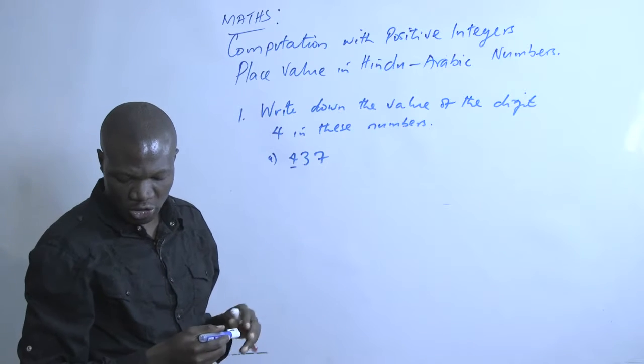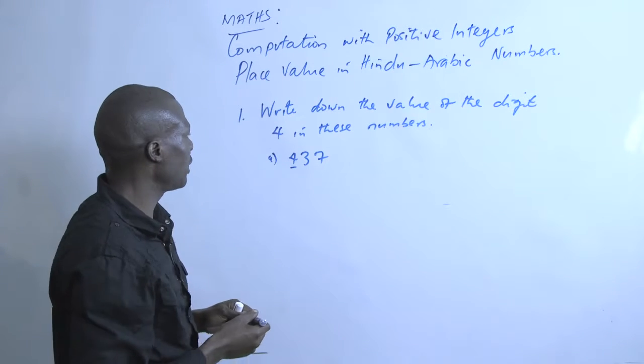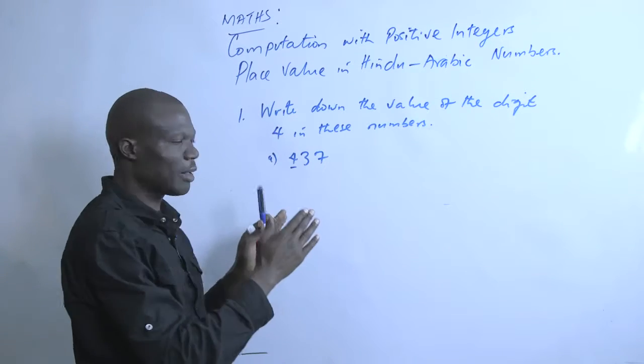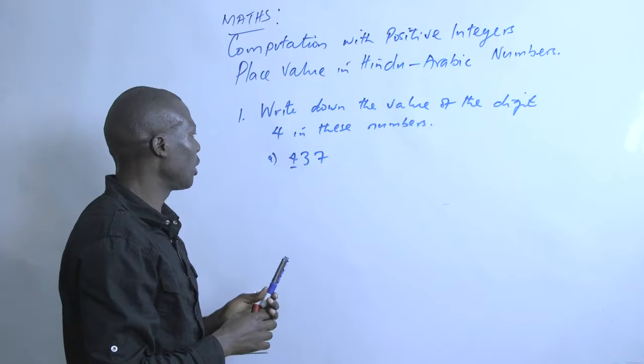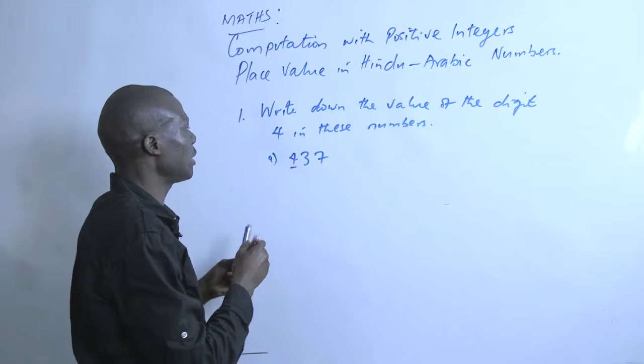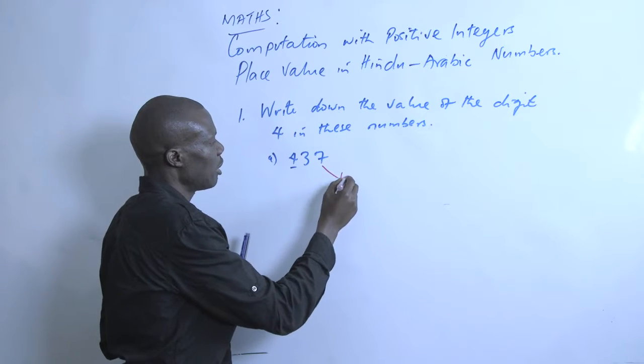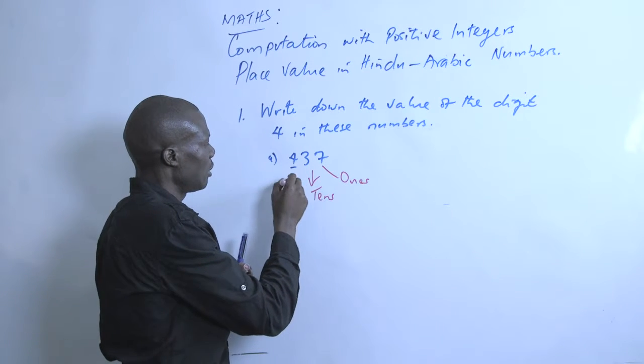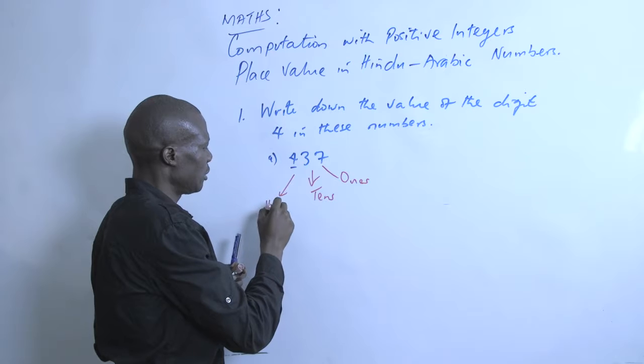437. Solution here. You realize that from our initial part of identifying the position or the location of the digit, this stands for ones, this stands for tens, this one stands for hundreds.